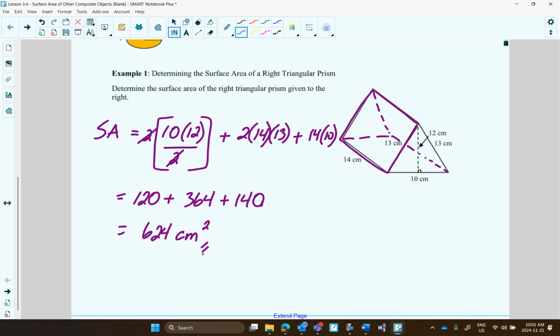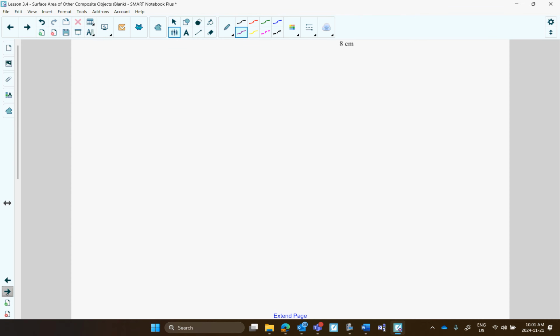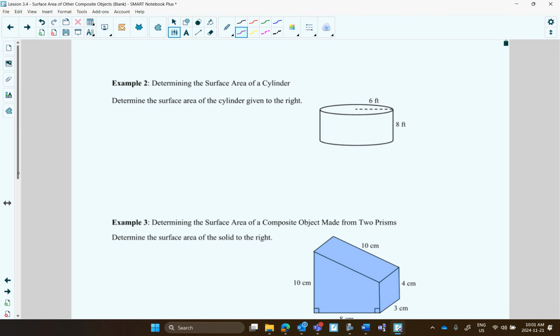Okay, so that's a triangular prism. Let's look at a cylinder. What we're really doing here is you'll be given the formula. So remember the surface area for a cylinder is 2 pi r squared plus 2 pi r h, which means I have to fill in the values of r and h.